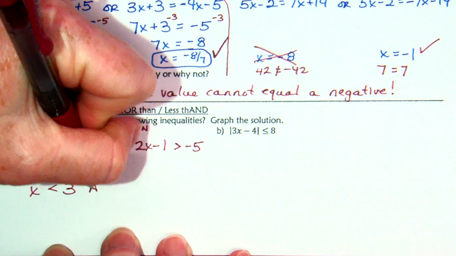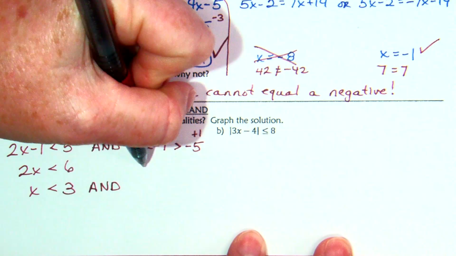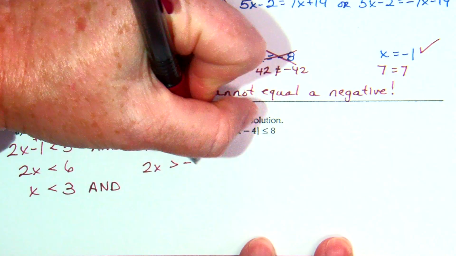And second one. If it's 2x minus 1, I'm going to add 1. So now it's 2x greater than negative 5 plus 1 is negative 4. Divide by 2. X greater than negative 2.